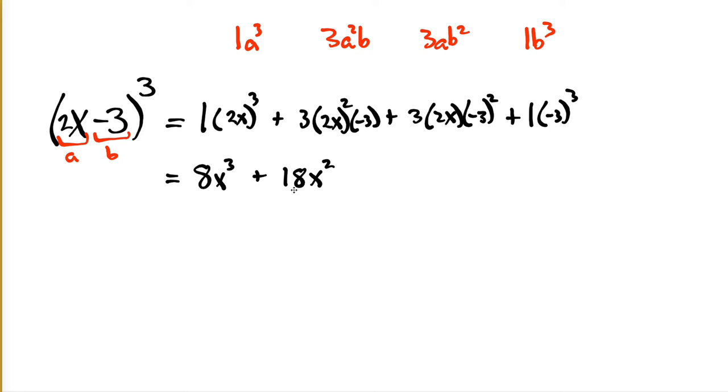Very close. 12. The x squared was definitely right, that's the next term. The number though, we're going to have 3, 2 squared, and then negative 3. So the number that's going to go here is negative 36.